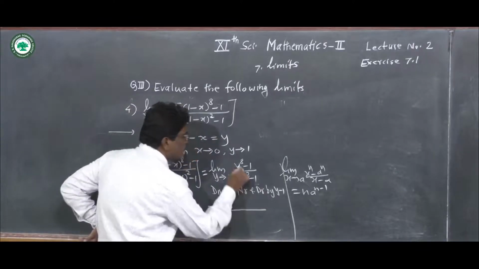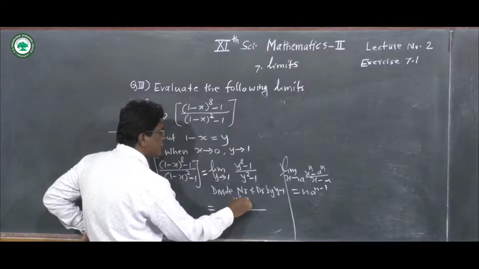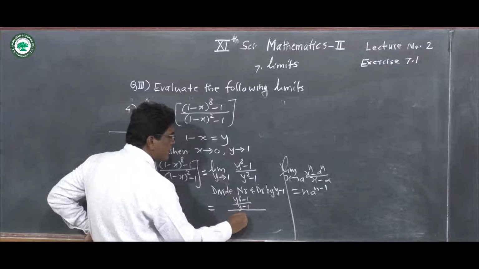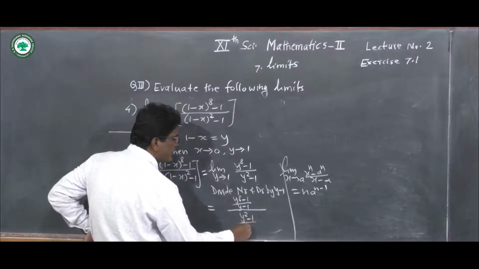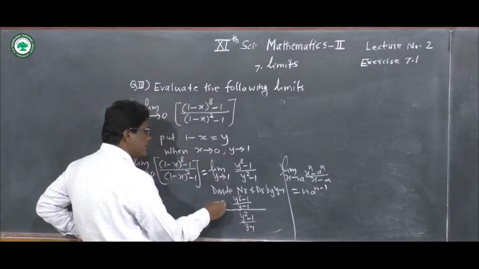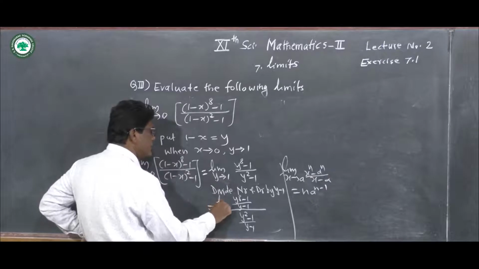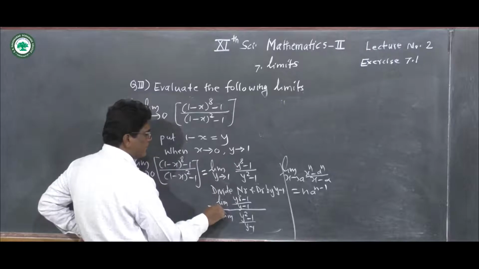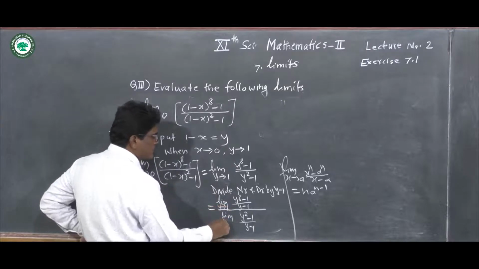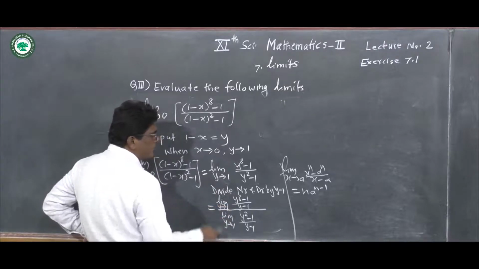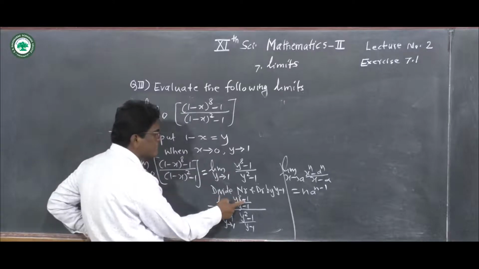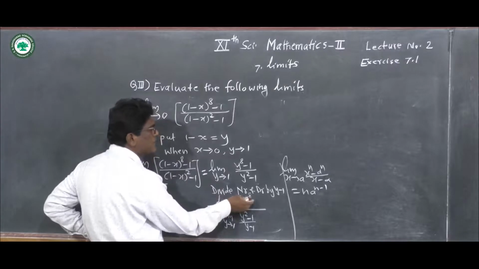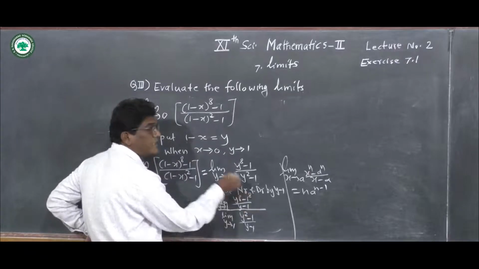So we get y to the power 8 minus 1 divided by y minus 1, and in the denominator y to the power 2 minus 1 divided by y minus 1, and we write the limit to numerator and denominator separately, limit y tends to 1 in both. Now y to the power 8 minus 1, we write 1 to the power 8, because here we must have the 8th power.